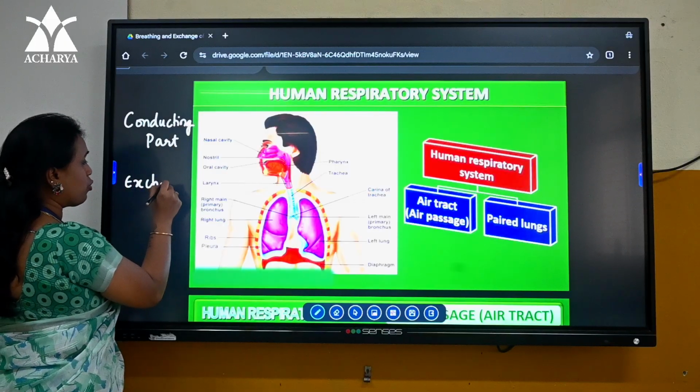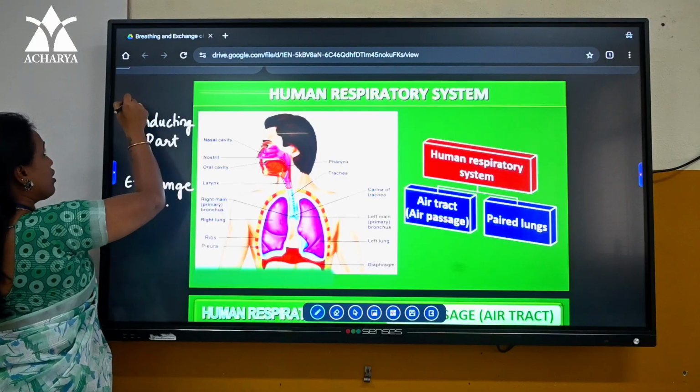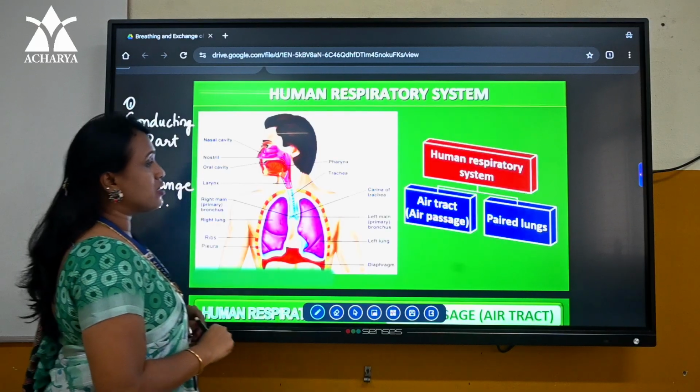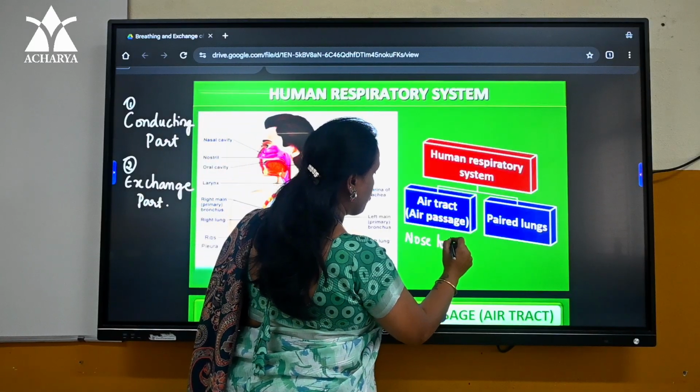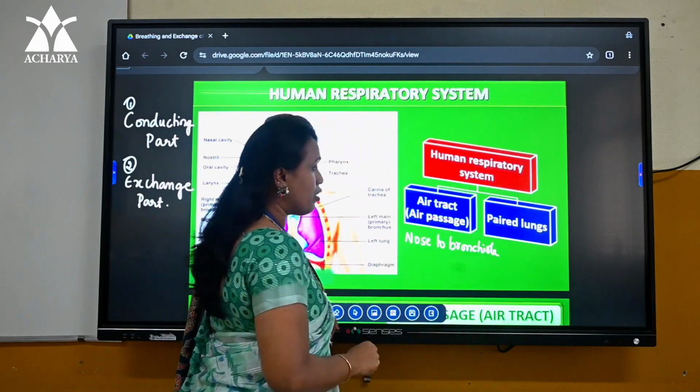Both of them have their own function. So two parts are there, the conducting part and the exchange part. The conducting part starts from the nose to the bronchioles.